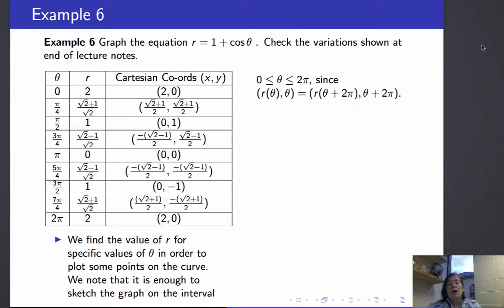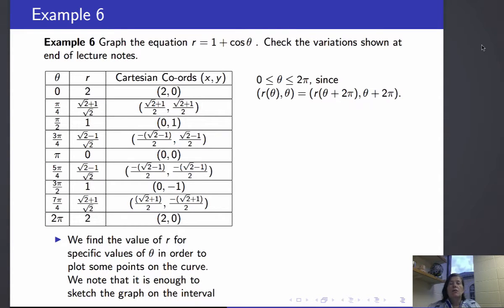And when theta is pi over 2, the r value is 1 plus cosine theta, which is just 1, and the Cartesian coordinates are x equals r times cosine theta, which is 0, and y equals r times sine theta, which is 1.